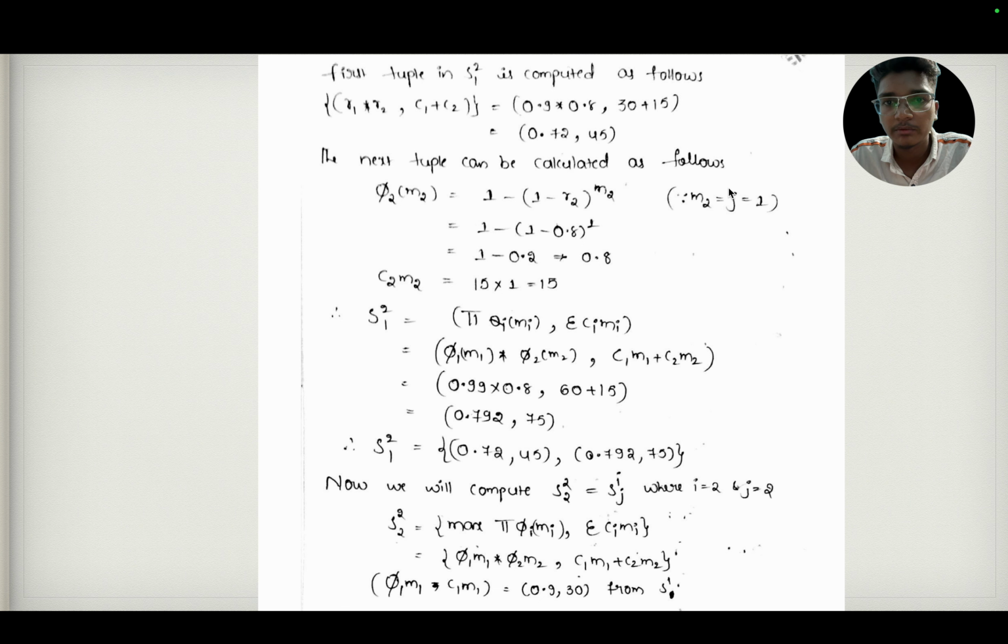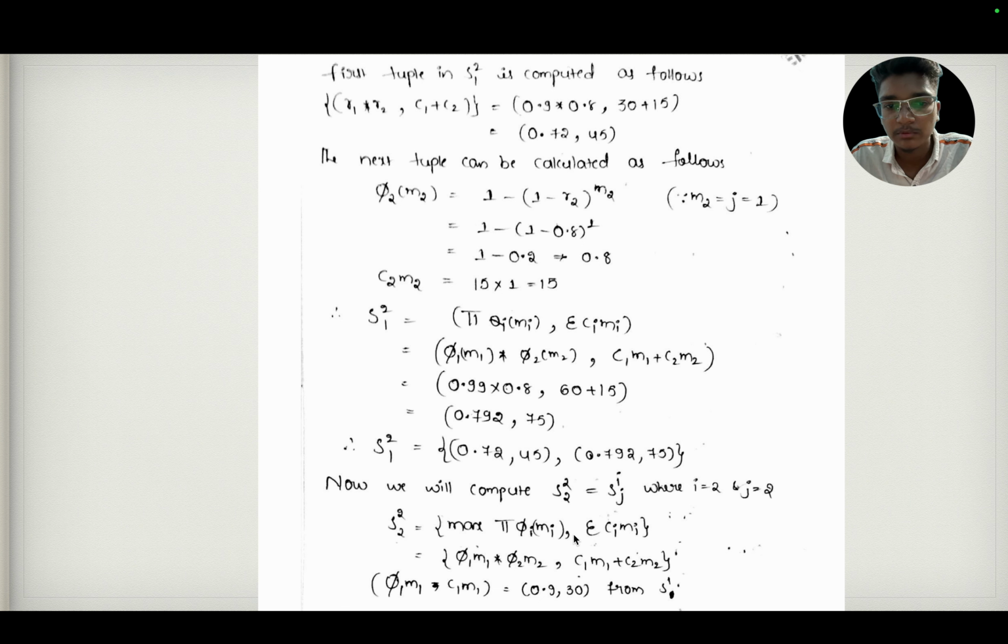We get from the calculator 0.8 as 15 into 1 as the first one, which is 15, and we add the previous one: 60 plus 15 for the S1 square. So 0.792 is with 75 and 45.